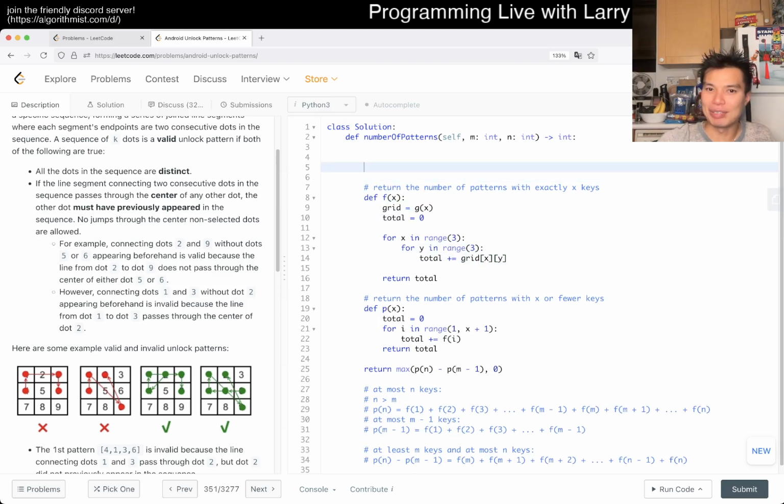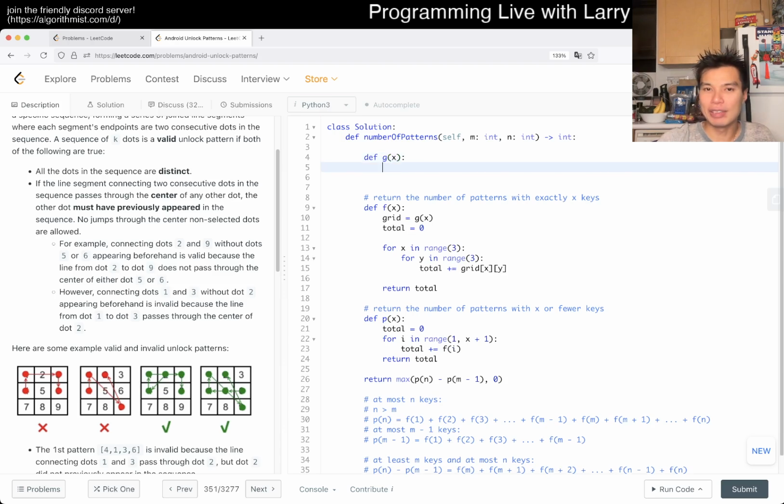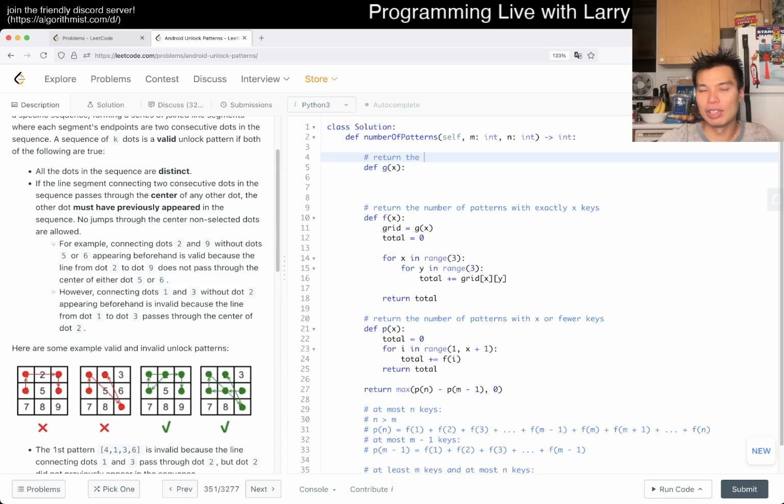And now we have another function g, which is a little bit different. So here, what we want is to return the number of patterns that end on each cell, right? It's going to be 3 by 3.